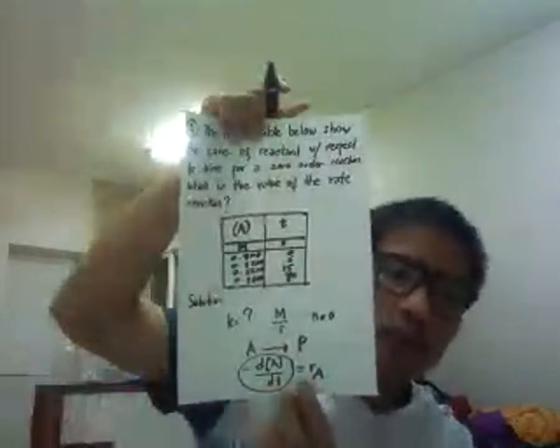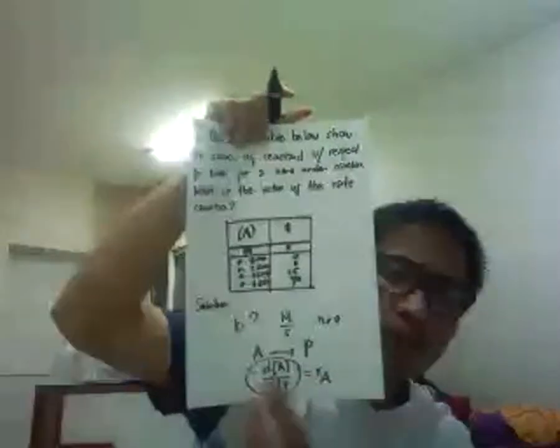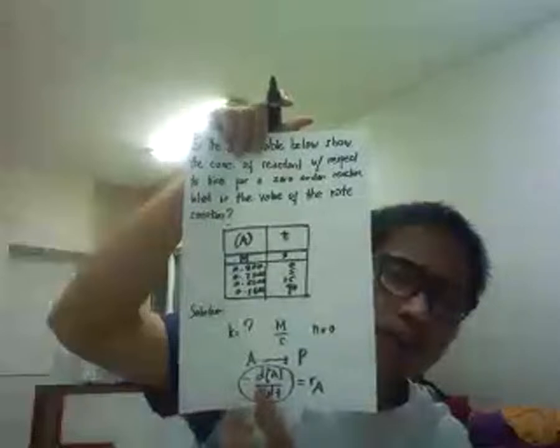Negative dA over the time is the rate of reaction, R, which is the change in concentration of A over time.